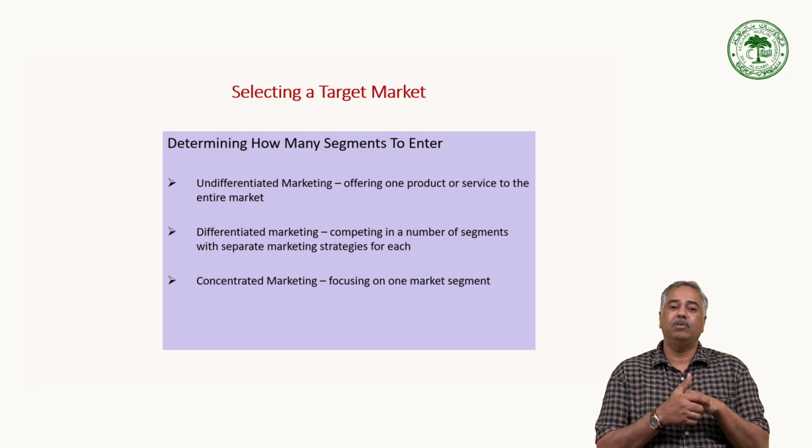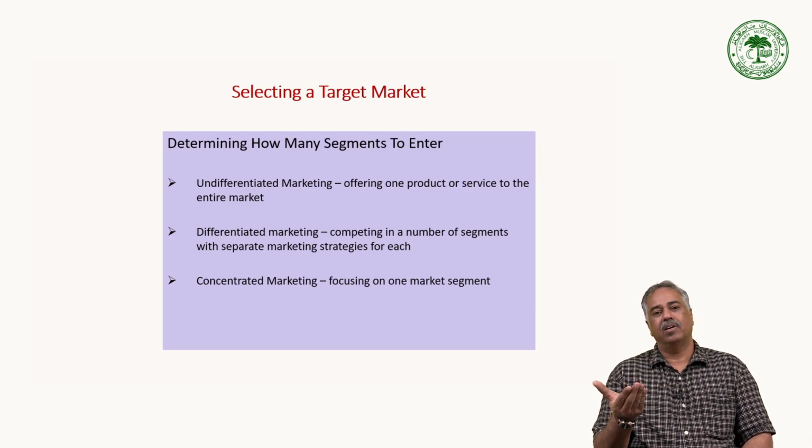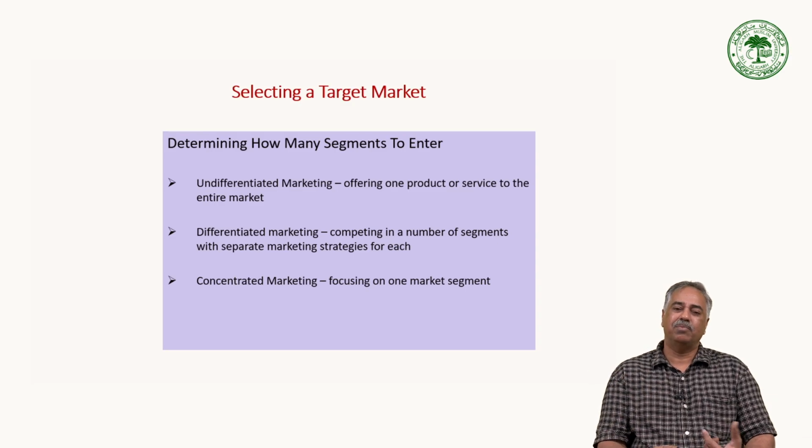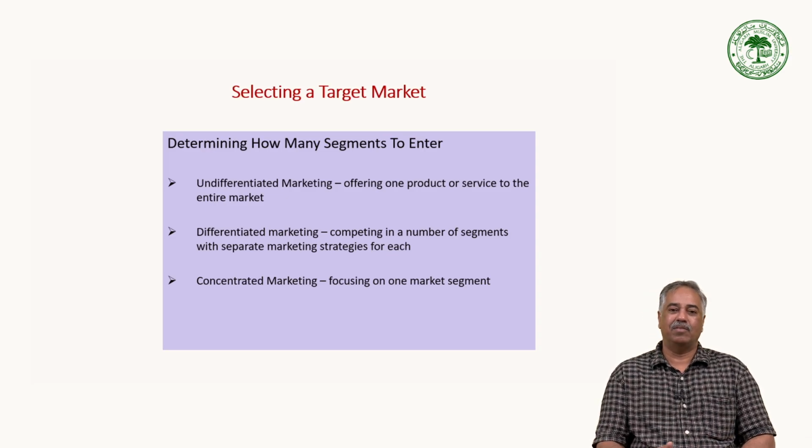So, what exactly do we mean by differentiated marketing? That you make the segments. Once you have segmented the market, you have products accordingly. So, for example, banks, depending on the income, segment the market. So, you have gold, and you have platinum, and you have the silver account, and similarly you have credit cards.